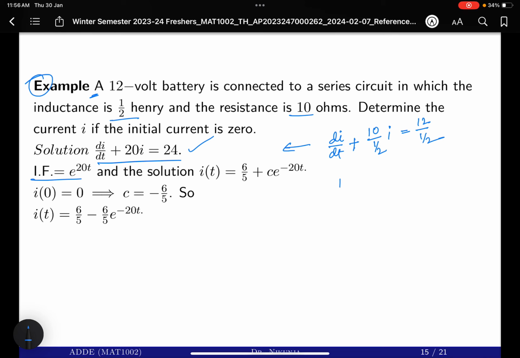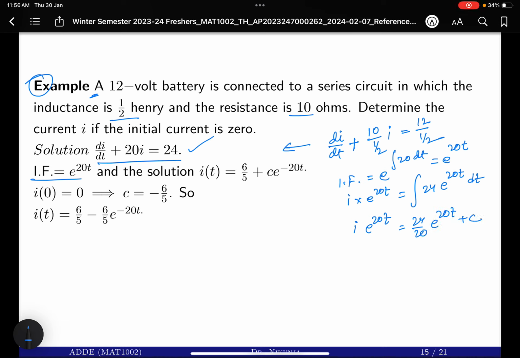The integrating factor is e power 20t. The solution is given by I times e power 20t equals the integral of 24 e power 20t dt. So I e power 20t equals 24 by 20 e power 20t plus c.